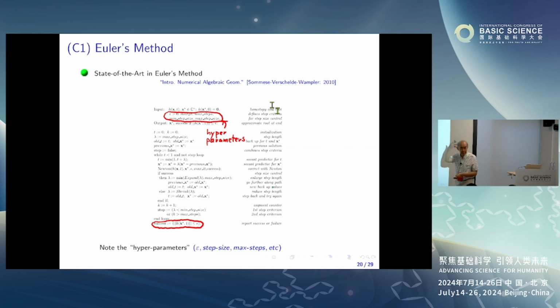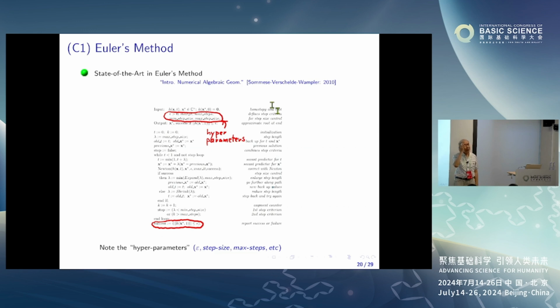Now they're working in complex n-dimensional space. You have a starting point, and you know that initially, so you're trying to follow the path determined by this root, x star. Then you have these parameters, epsilon, max, min step size, max step size. All these are what you call hyperparameters.